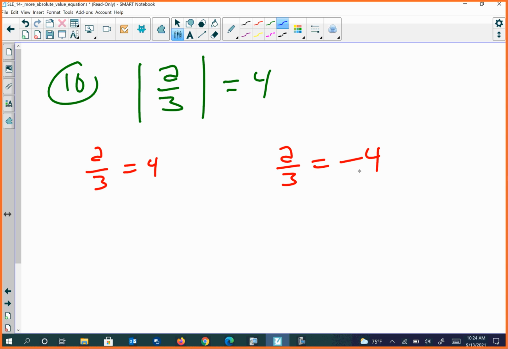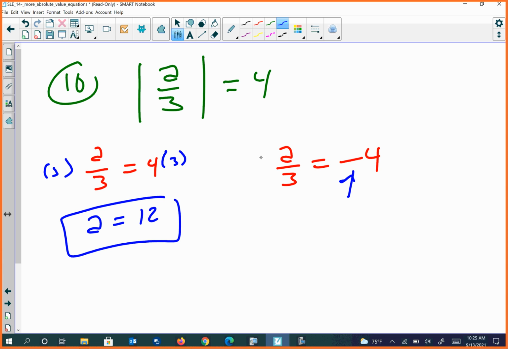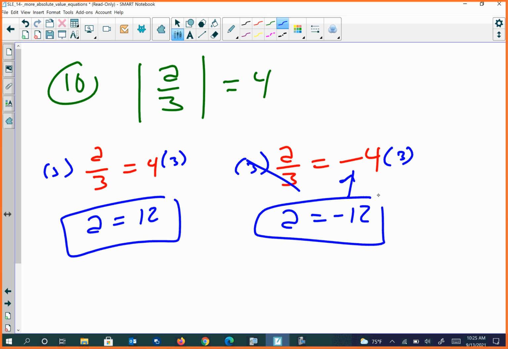We can have the negative over here as long as we don't have absolute value signs. I'm going to multiply both sides by 3. So a is equal to 12 is one answer. Multiply both sides by 3 over here, those cancel, so a is equal to negative 12. Those are my two solutions.